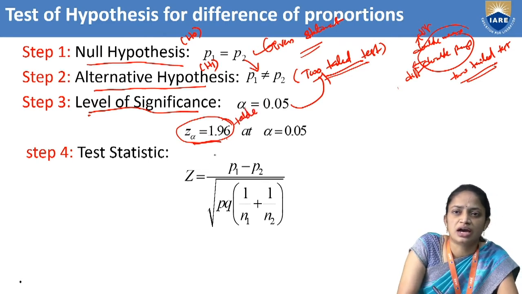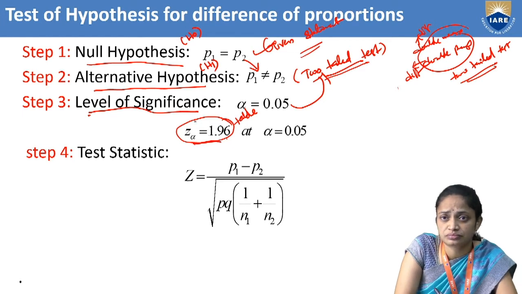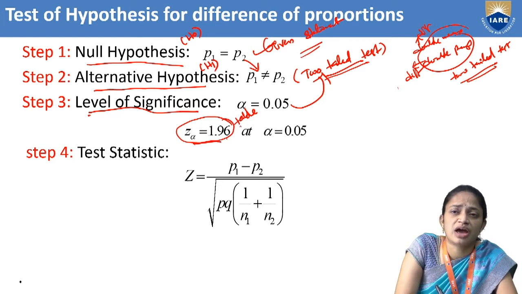I have discussed this table value in the previous session. If you have any doubt, you can see that previous session video, so you will get a clear idea about this. So Z alpha equal to 1.96, that is a table value. We have taken this value 1.96 from the table.